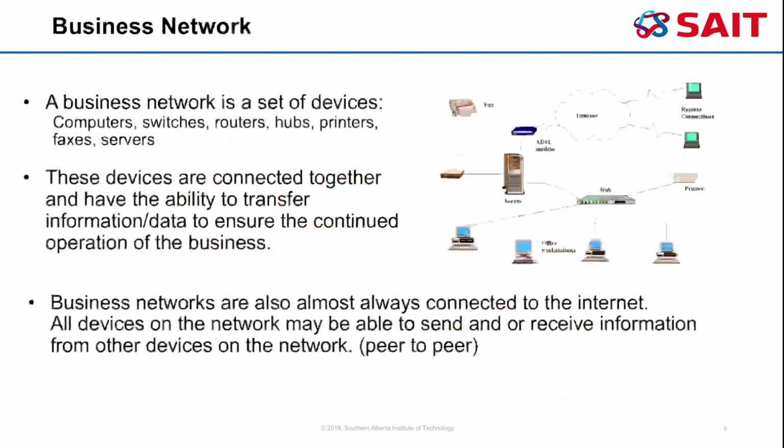So, like it says here, a business network is a set of devices: switches, routers, hubs, printers, and so on. Business networks are almost always connected to the internet. All devices on the network may be able to send or receive information from other devices on the network, because this is what's called a peer-to-peer network.